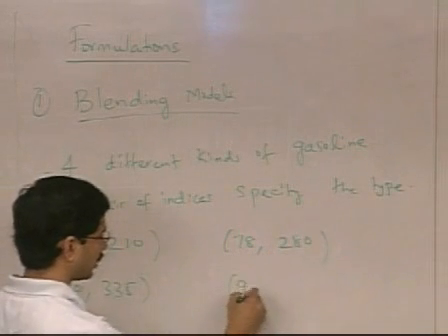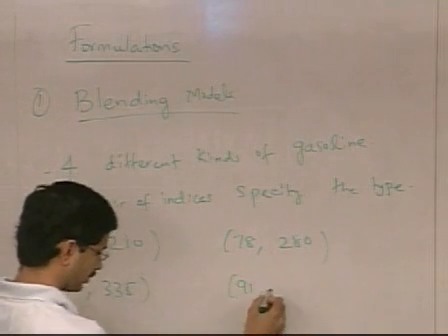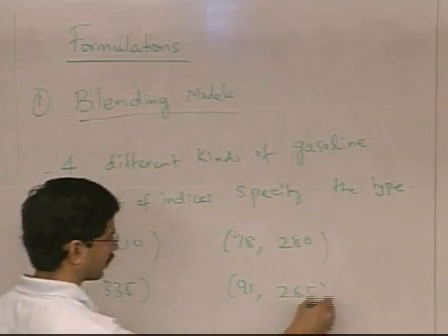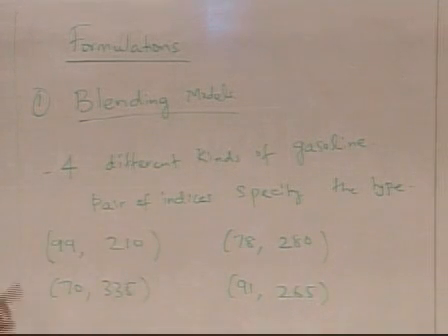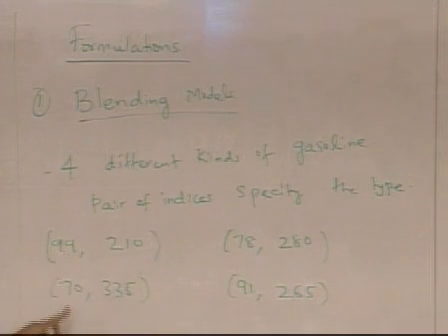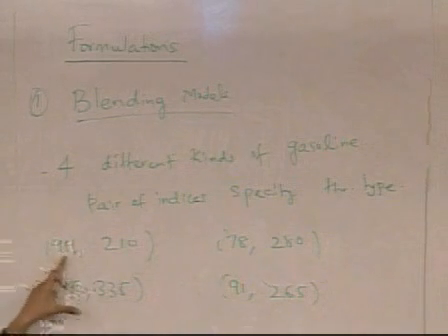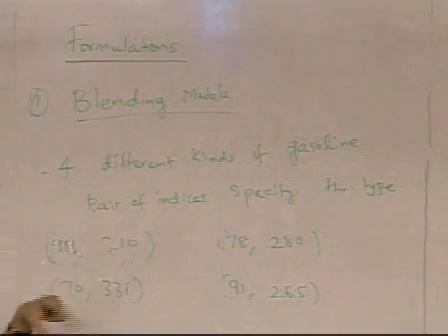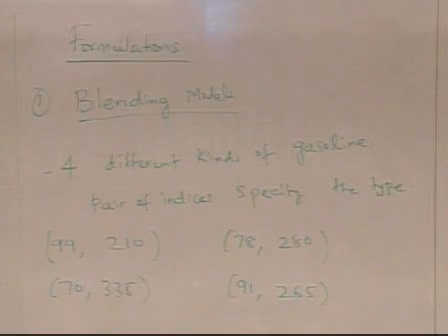You could have 91 and 265. So these are the 4 different kinds of gasoline. You can think of this as some kind of quality rating, and this as a different kind of quality rating. The details are not important.